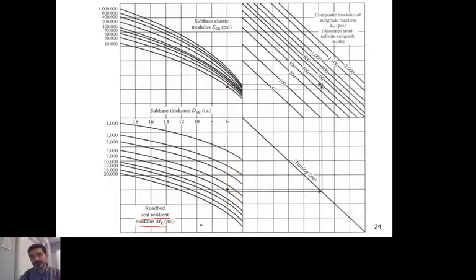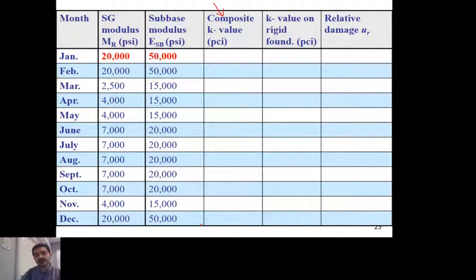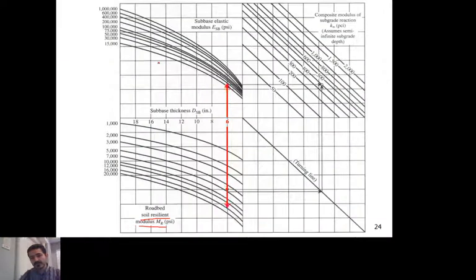For the month of January, if you recall, we had 20,000 resilient modulus for the subgrade, and 50,000 for the modulus of the base layer. So we went all the way to the 20,000 line, which is for the subgrade. It's this line here, and we pick this point.